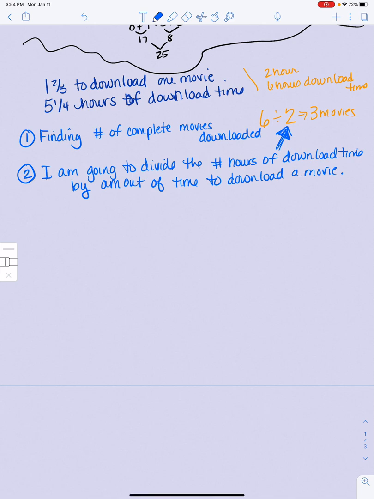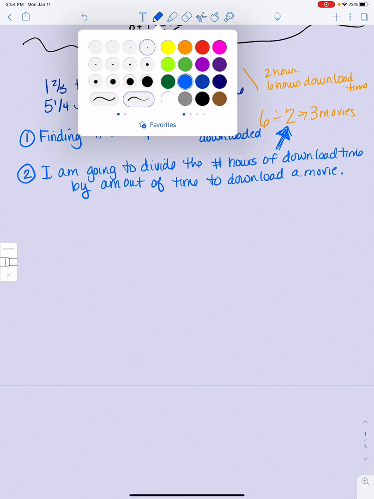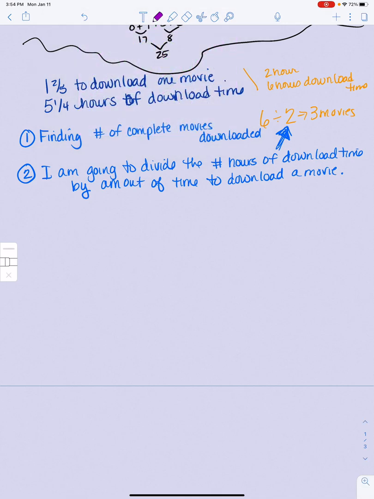Is that the only way? No. I have seen students do this. I'm changing colors to show you a different way to do it. Some students did repeated addition.